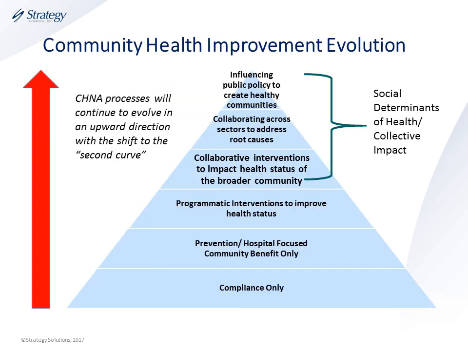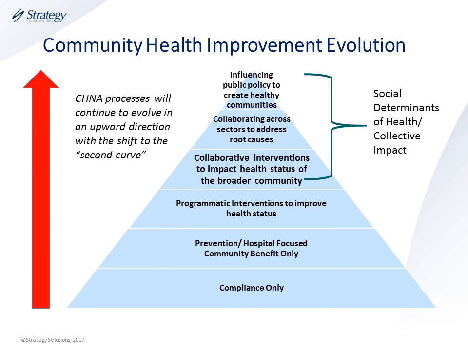We also want to be thinking about where we are in what I call the community health improvement evolution. There's a lot of folks that are doing things to educate different populations, to educate the community, to focus on prevention and addressing chronic disease and high-risk patients.